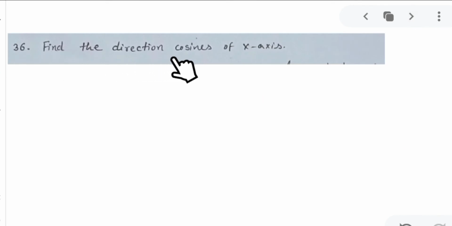Find the direction cosine of the x-axis. So the concept you know: direction cosine means L, M, N. Let the direction cosine be L, M, N. You will write like this.